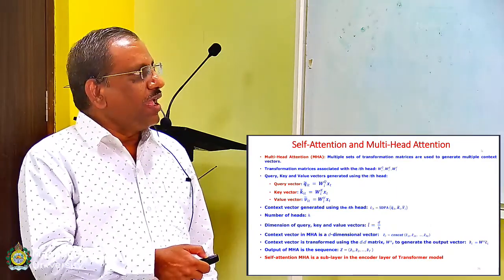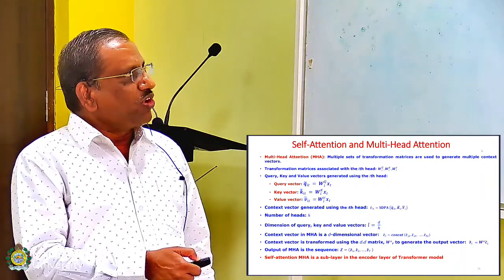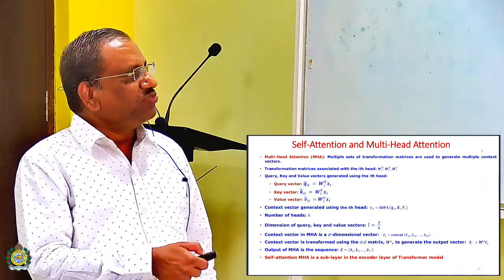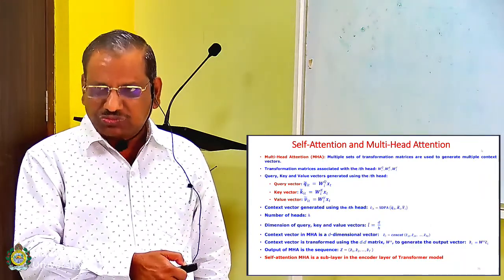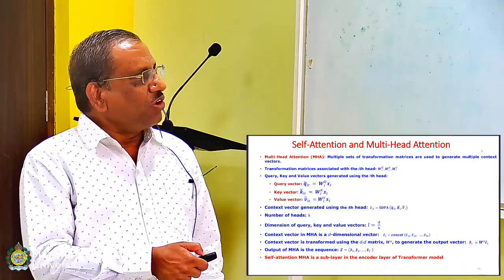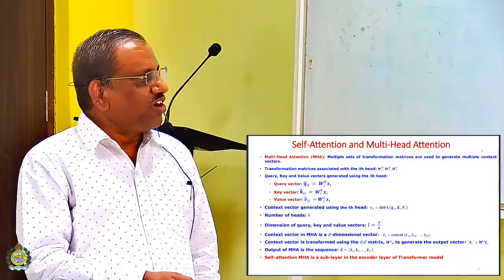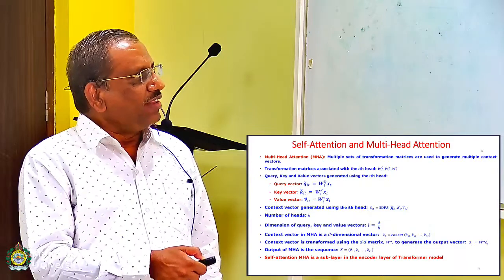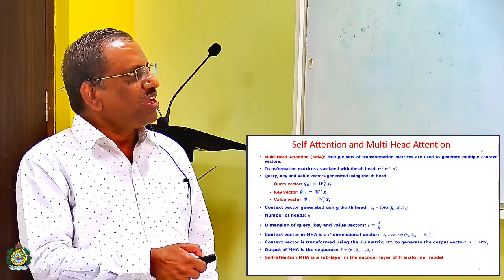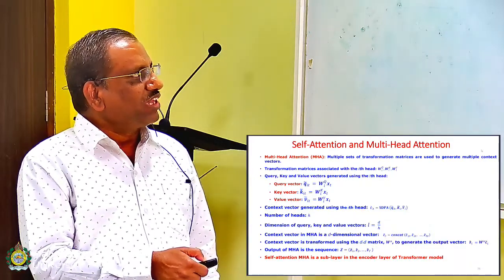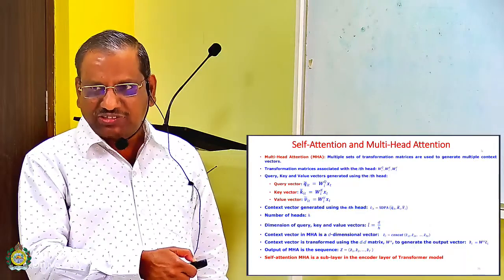And the output of this multiplication operation is what is called the query vector. And I want to generate a new vector for this Q, which is called the context vector. And that is done by looking at how similar these query vectors are with respect to key vectors.